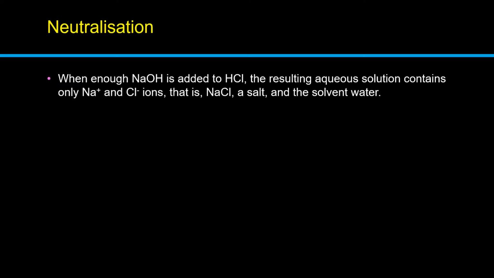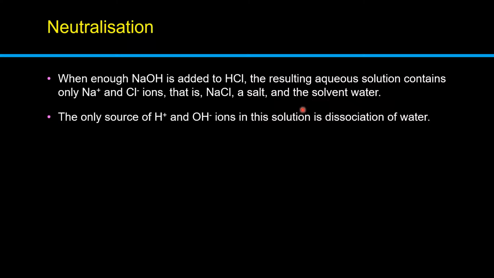Children, when enough sodium hydroxide is added to HCl, the resulting solution will contain Na plus and Cl minus, isn't it? Because the H plus from hydrochloric acid and OH minus from sodium hydroxide will combine and form water. So the result is the formation of sodium chloride, salt, and only the solvent water will remain in the solution.